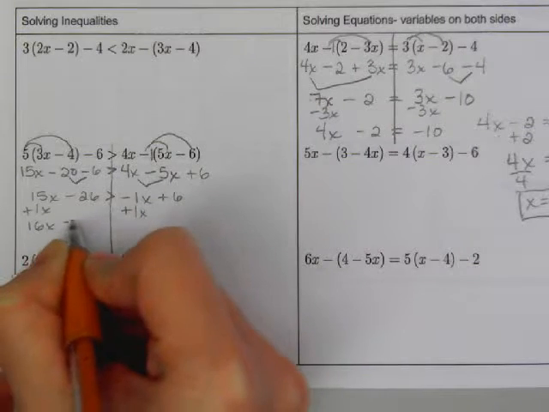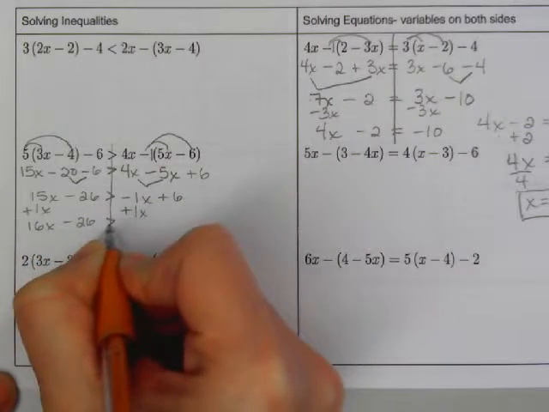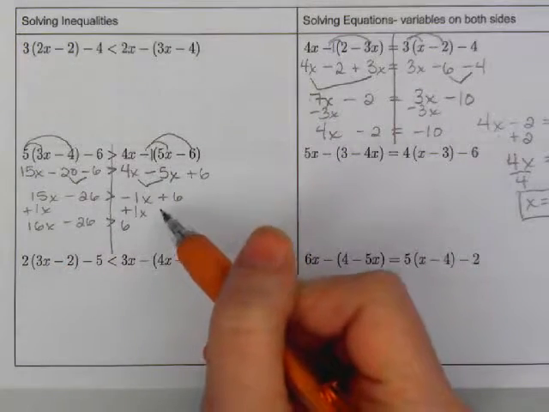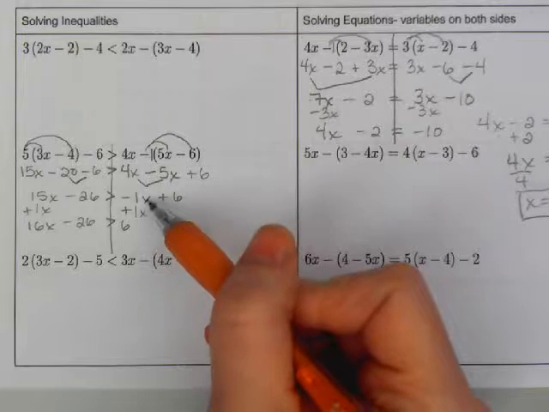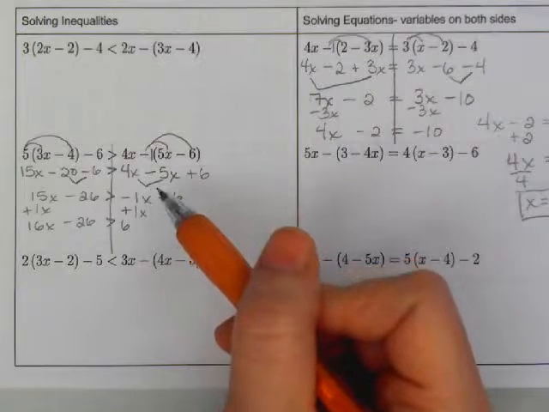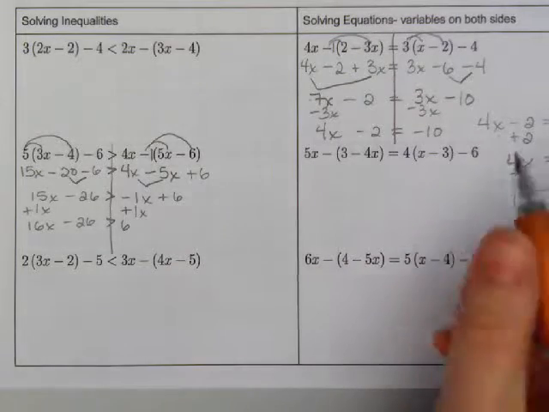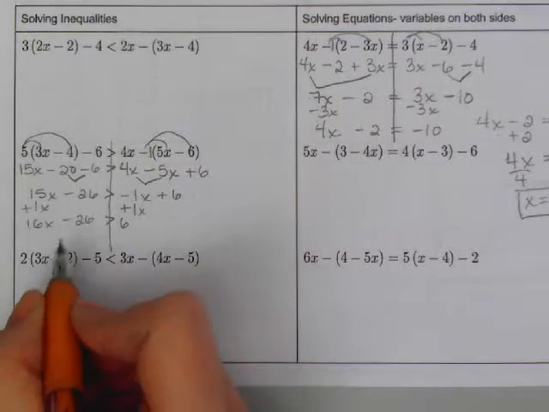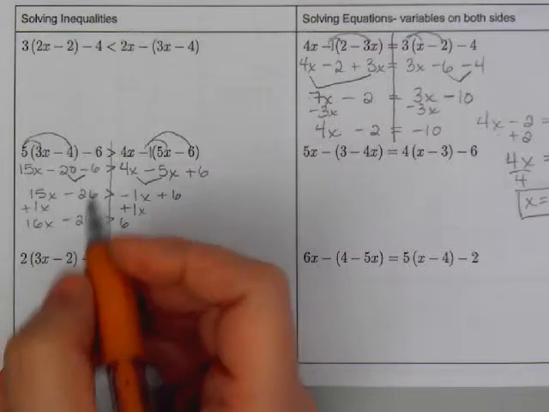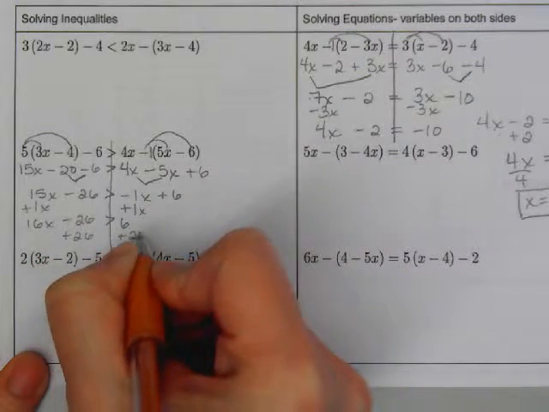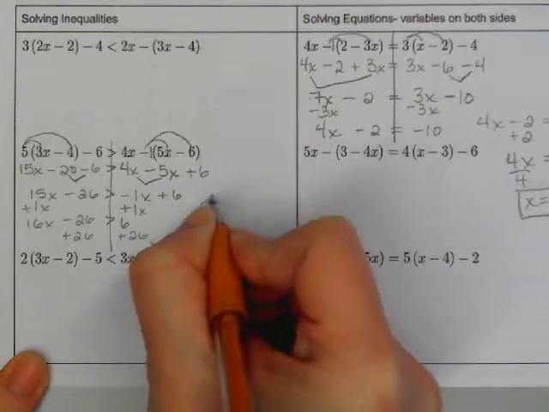I'm going to bring this over here since I'm out of room. So I've got 16x is greater than 6 plus 26, which is positive 32. Now you divide by 16, so x is greater than 2.